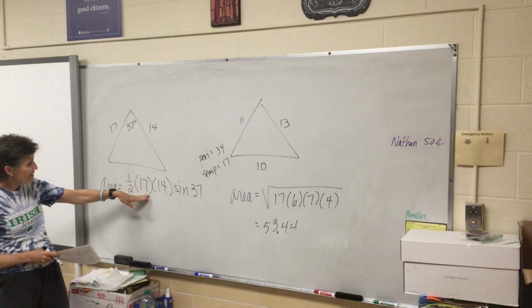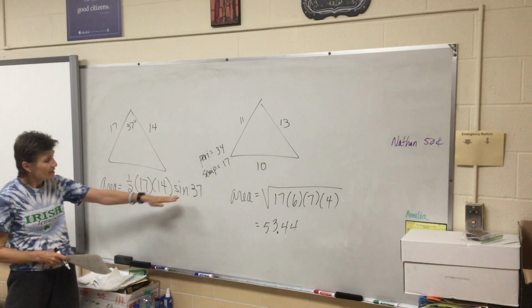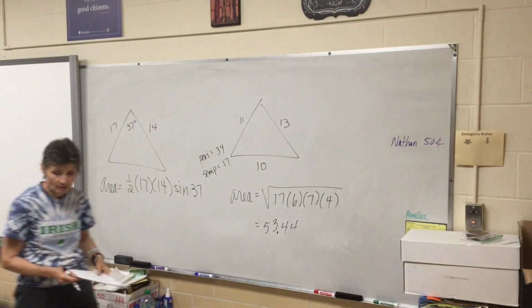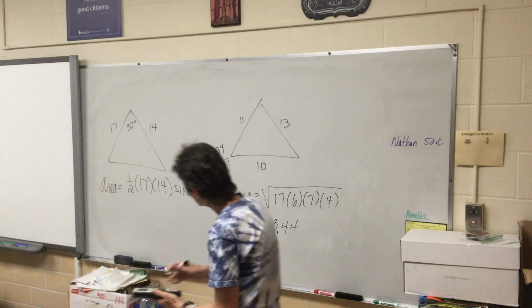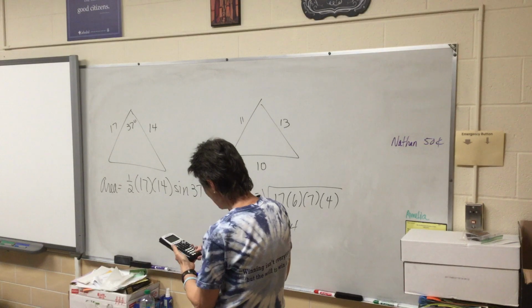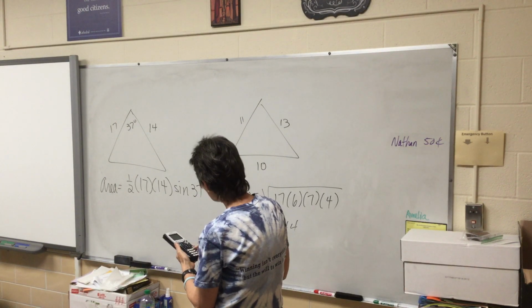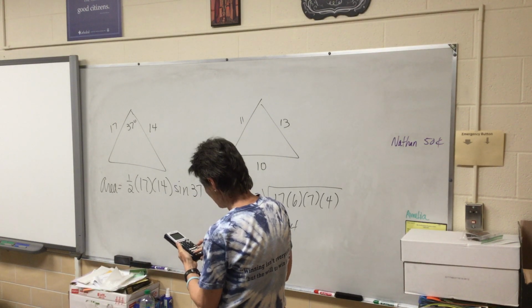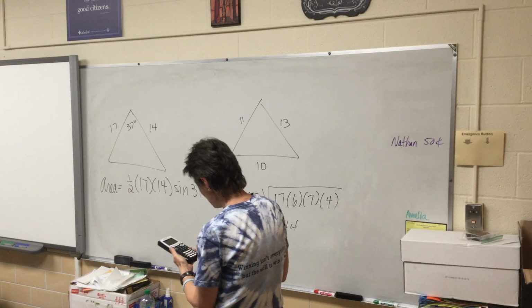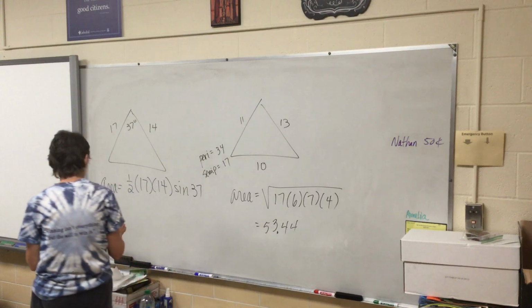There's no work to do. You just type it in. 0.5 times 17 times 14 times sine 37 equals 71.62.